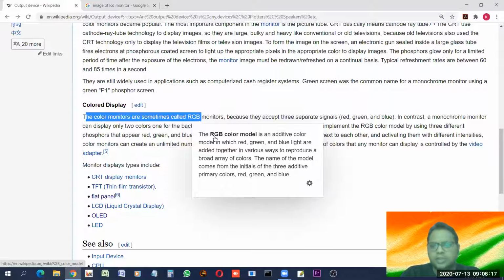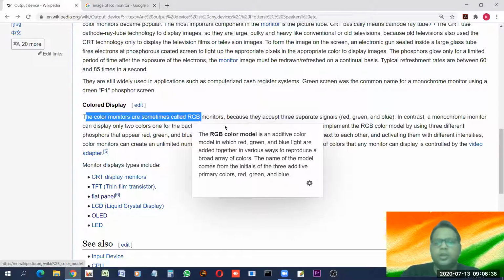So this RGB technology means what? In these kinds of monitors, we have an electron gun which emits red, green, and blue, basically. But these colors combine in different ways to form different colors on the color screen.